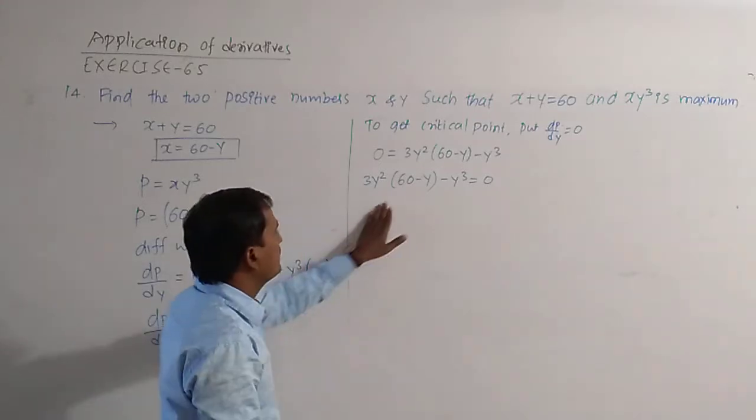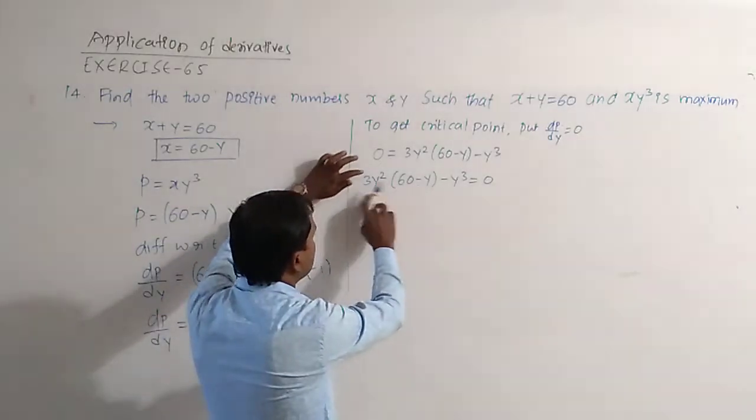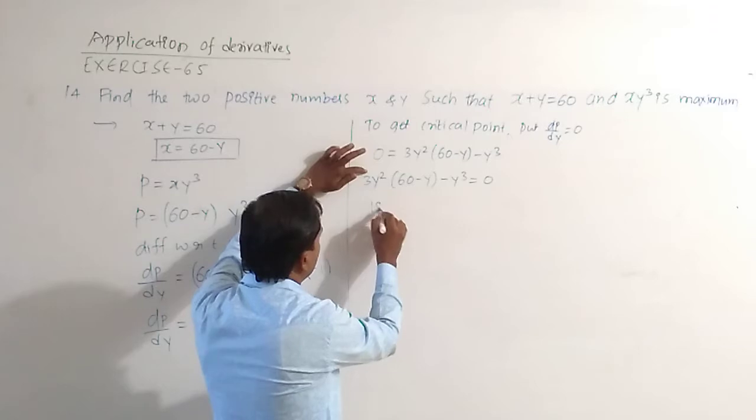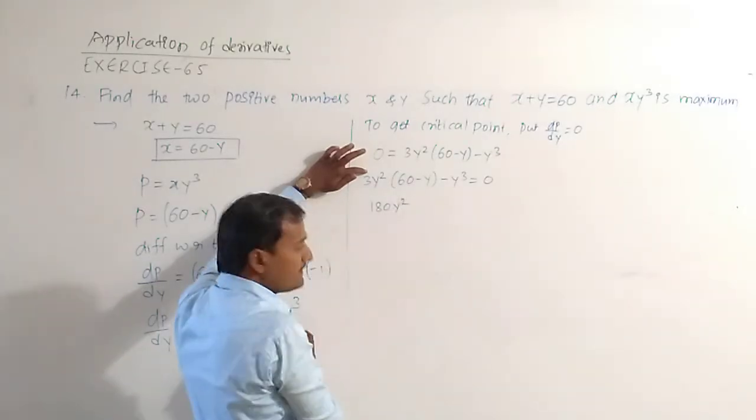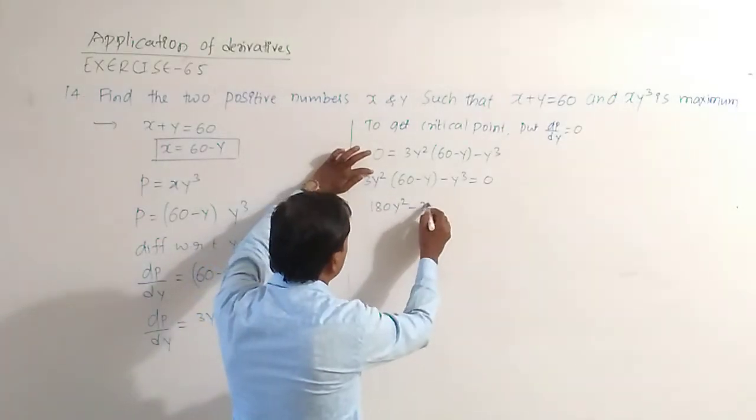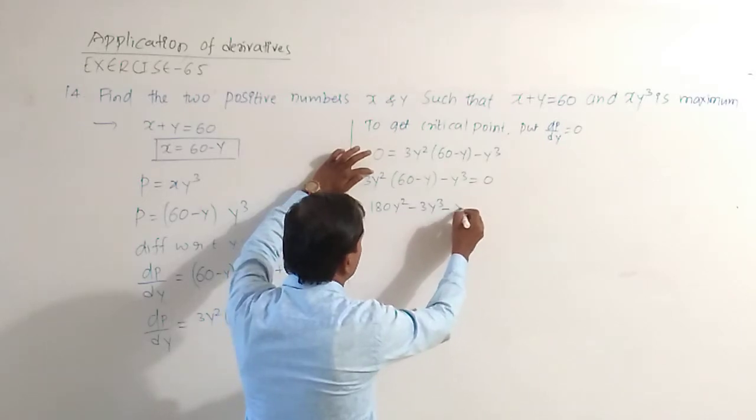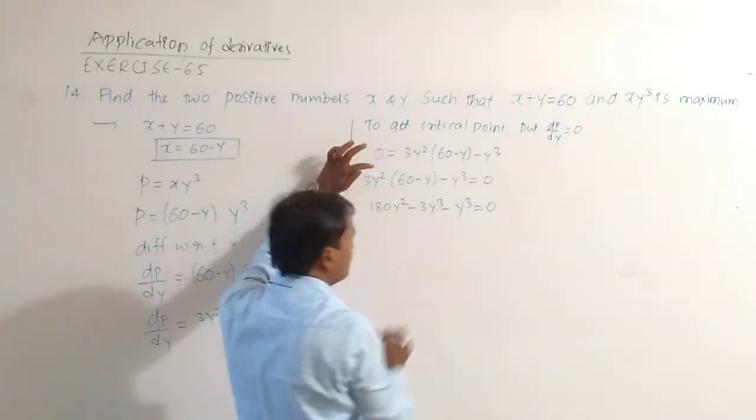Multiply this, so clearly we are getting 48y square minus 3y cube minus y cube equal to 0. So 48y square minus 4y cube is equal to 0.